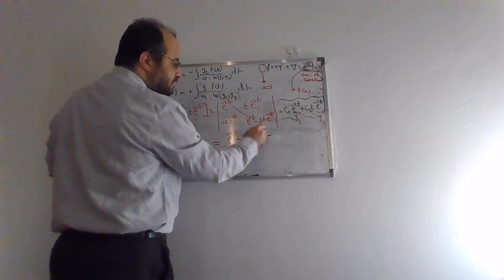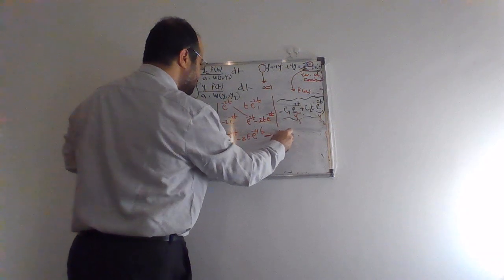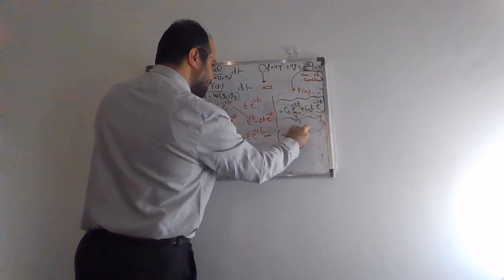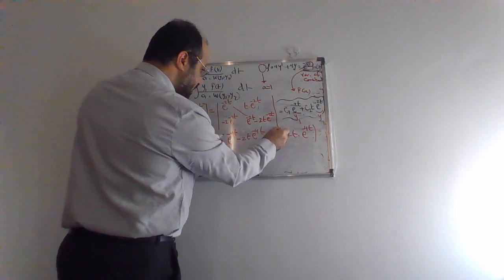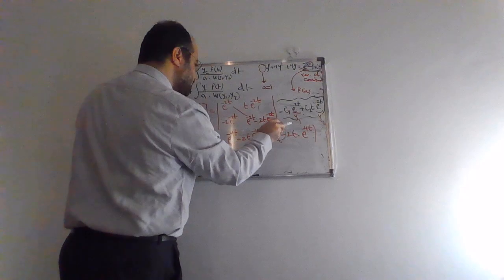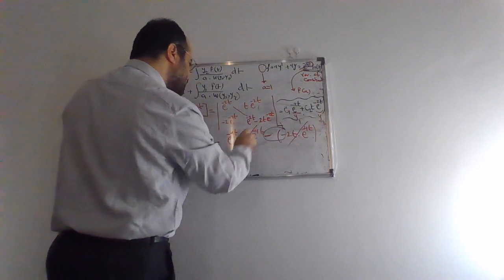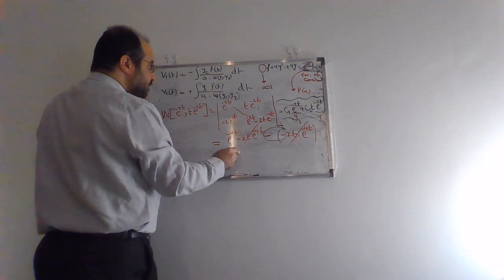Then there's a minus in the rule, and you multiply this times that, you get minus 2t e^(-4t). When you simplify, minus minus gives plus, and the two terms cancel each other, and you end up with e^(-4t).